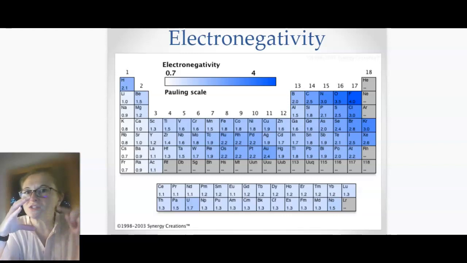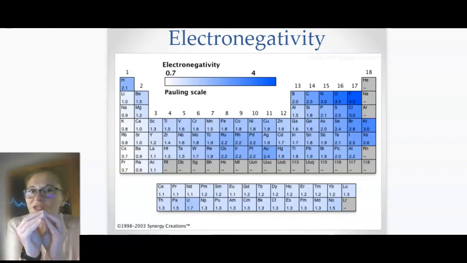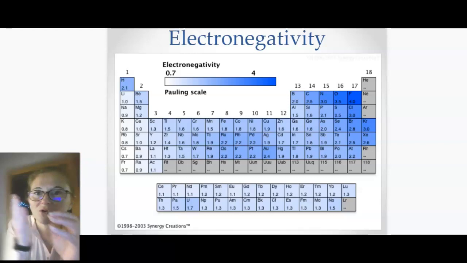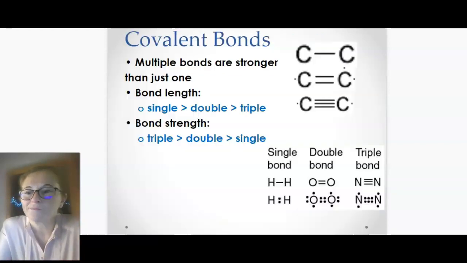There's less shielding of electrons between other atoms' electrons and that nucleus, and the strength of the nucleus. So as we go across the periodic table there, across the period, the row, we see that electronegativity gets stronger because we're adding more protons there without adding more shielding or layers of electrons.